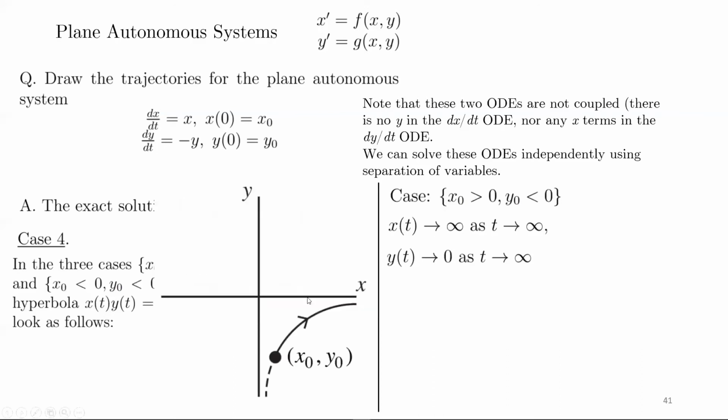So if we plot a point in the fourth quadrant here, it follows a hyperbola shape, going to x equals positive infinity and y equals 0.